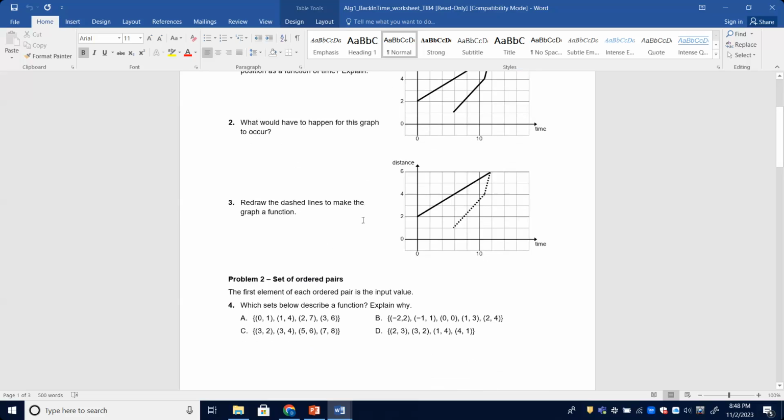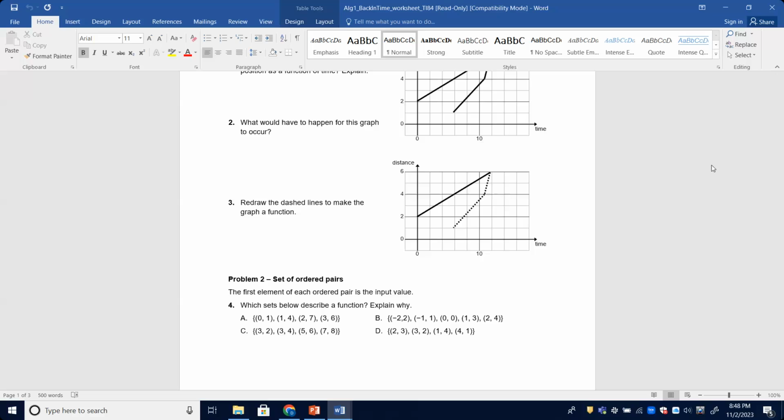When I create things, just to let you in on my little secret, basically I look back at a previous year's exam, either analysis and approaches or applications and interpretations, and I say, okay, what question did students struggle with the most? There has to be a reason why.